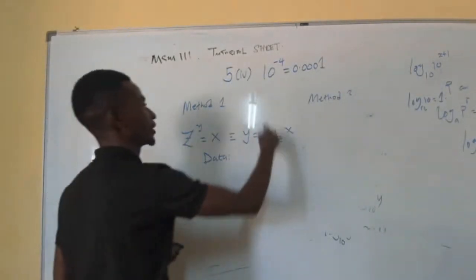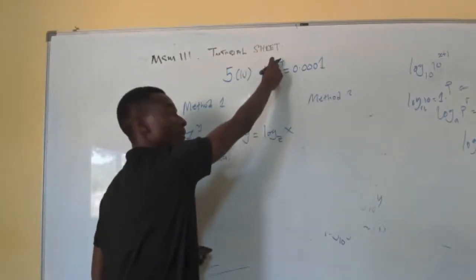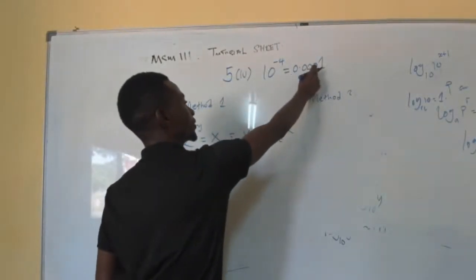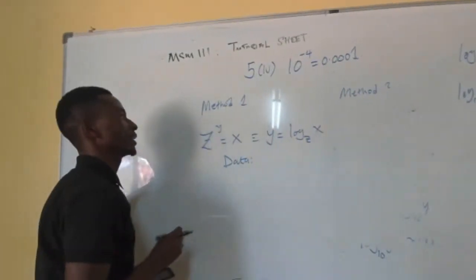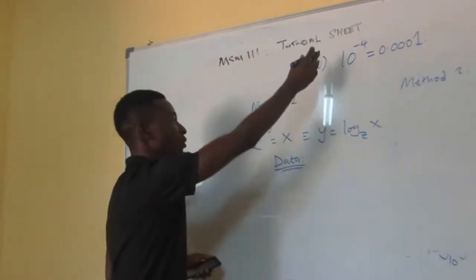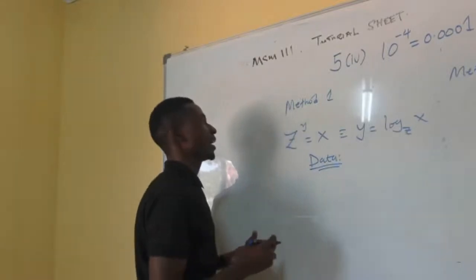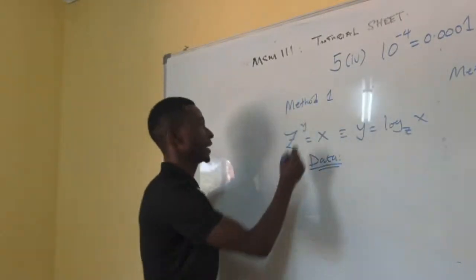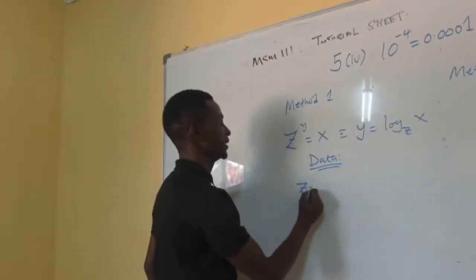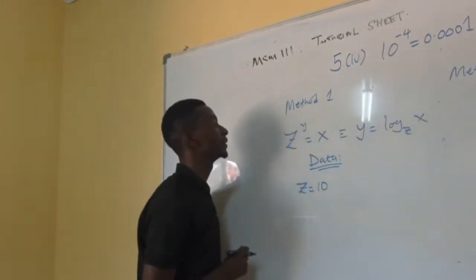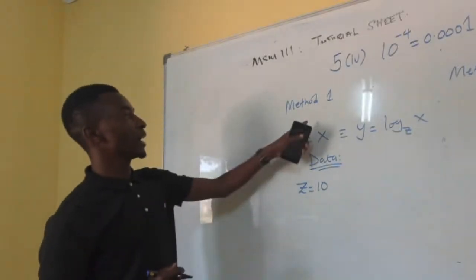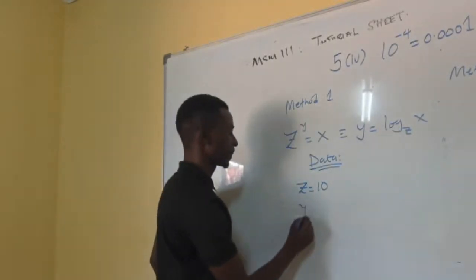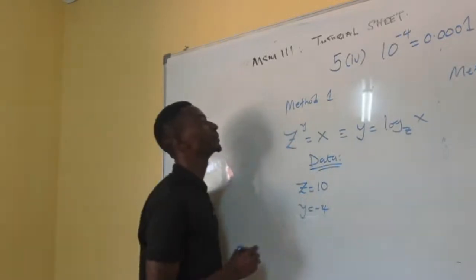So we collect data now. The question is there. We have 10 to the power negative 4 equal to 0.0001. According to that question, our z is 10. y is equal to negative 4.